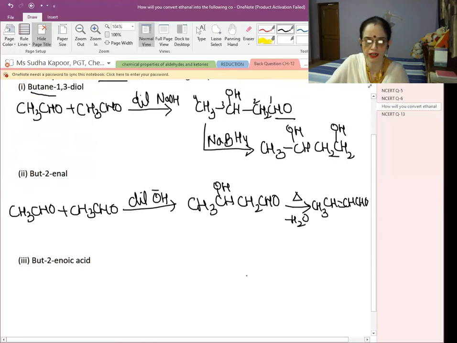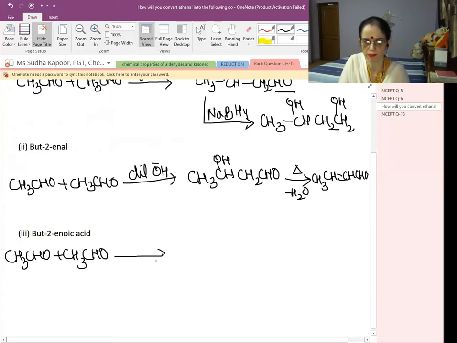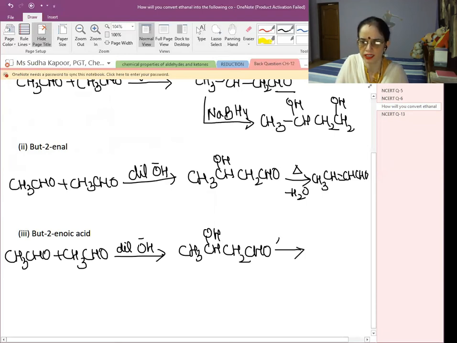Now in the third part, ethanol to but-2-enoic acid. So we have taken ethanol, following the same procedure, that is dilute OH negative, following the aldol part, CH3, CHOH, CH2, CHO. Now heating it, getting CH3, CH double bond CH, CHO.